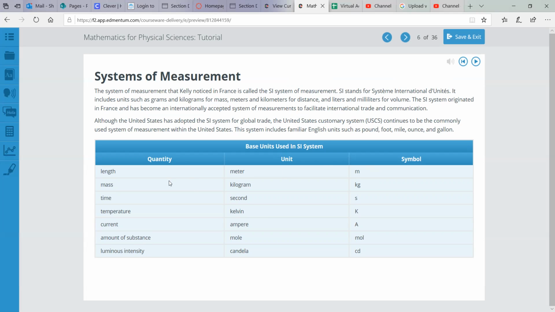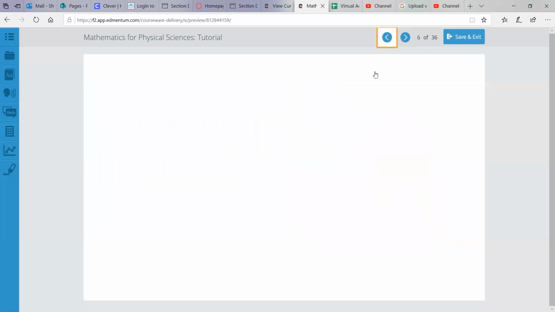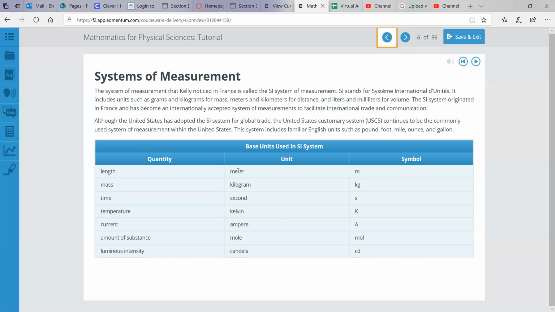So here we have the quantities listed, the units listed, and the symbol for each one. And prefixes, you notice that before each base, these are the base units.